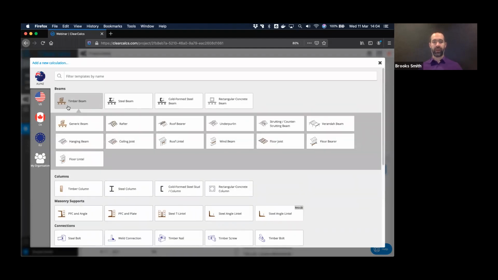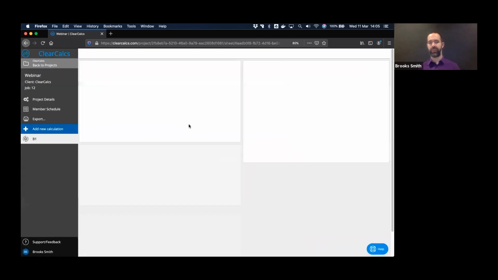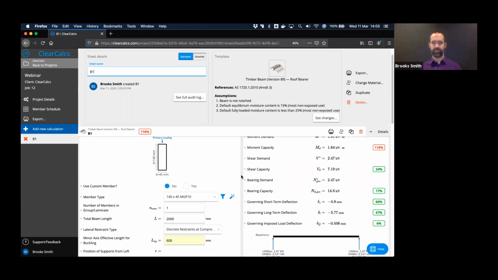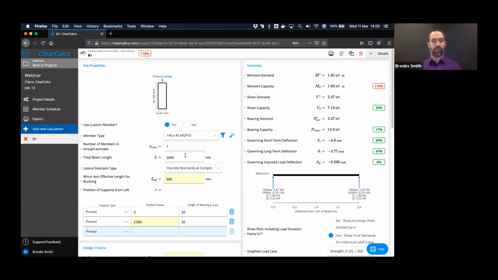Next, I'm designing a roof bearer timber beam, so I'll click on timber beam. I'm given a choice of a lot of different types of beams. I'll select roof bearer here. We said that our beam was going to be 1 ply, with discrete restraints at the compression edge, as would be the case for something that's supporting trusses.